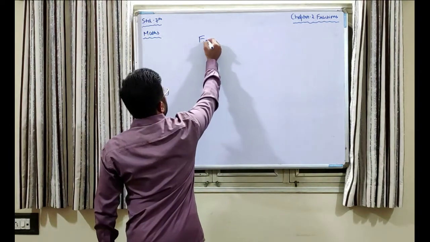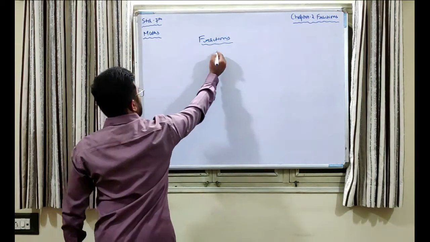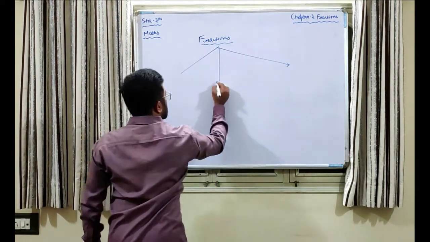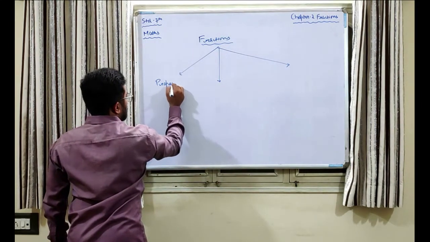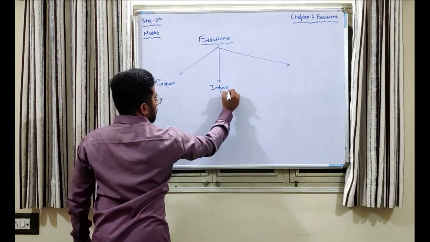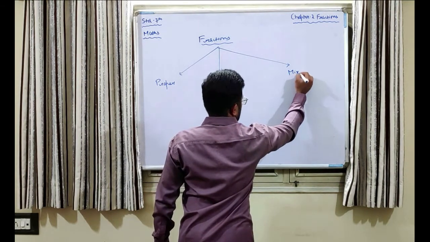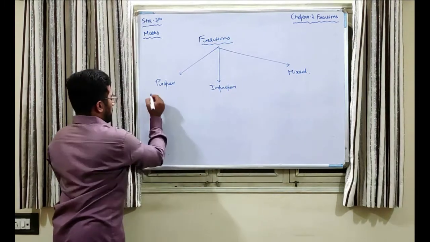So mainly there are 3 types of fractions. The first one is proper fraction, the second one is improper fraction, and the last one is mixed fraction. Now let me help you with the example.